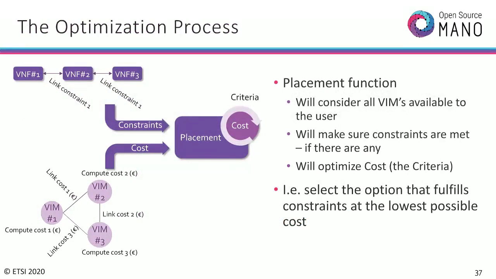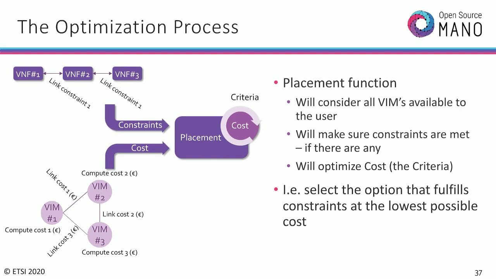So it basically works like this: there is input to this optimization process. We need to give, of course, the VNF and the NSD, and we need to specify if there are any constraints on the links, the way the different VNFs are interconnected, and we need to give an input on the cost of links and compute.